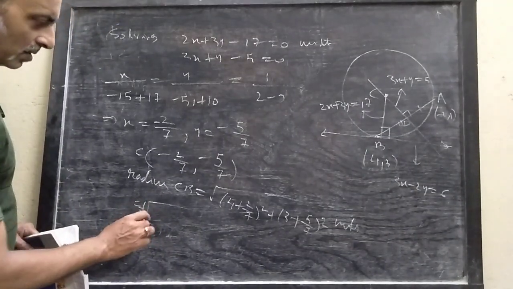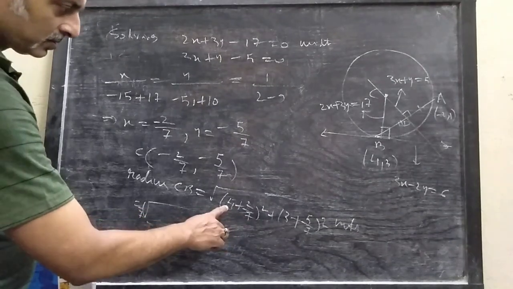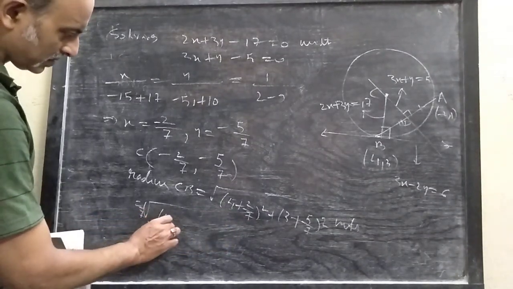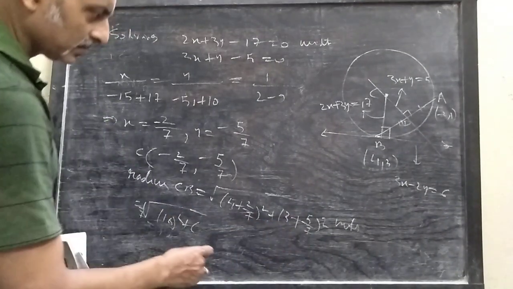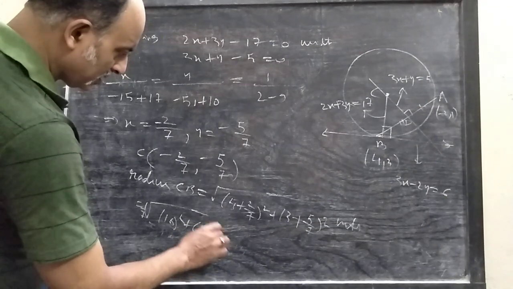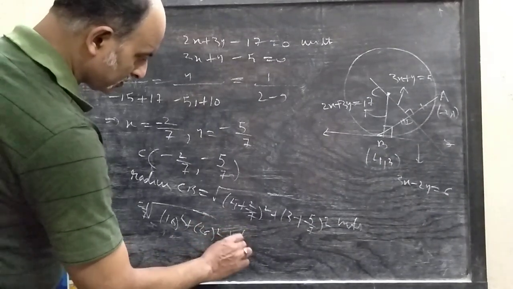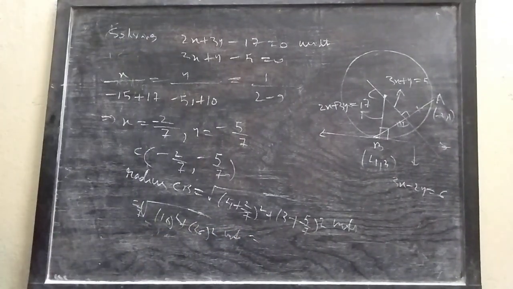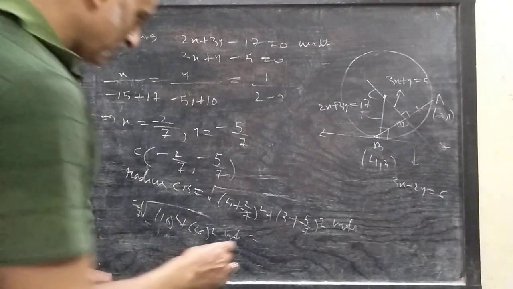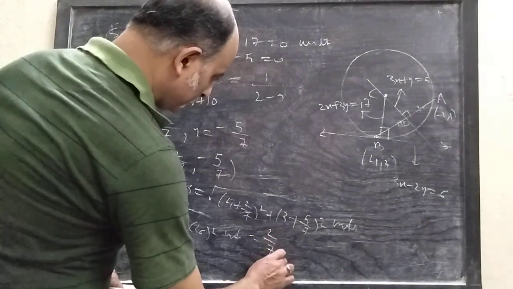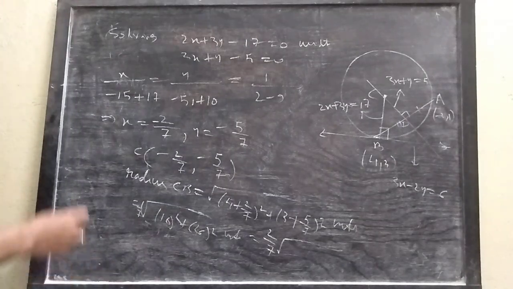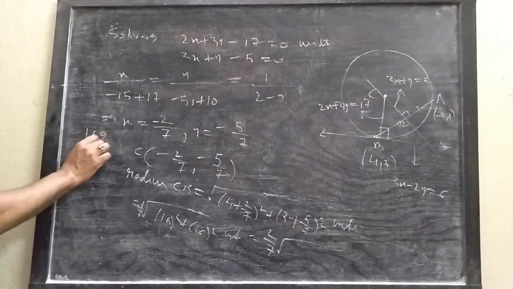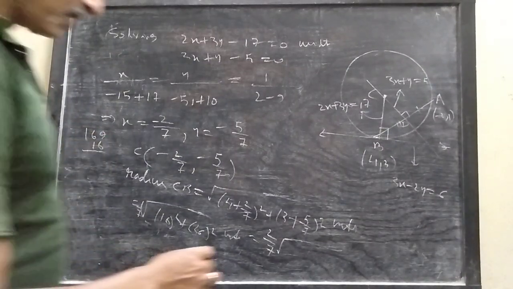Take 1/7 common outside it: 1/7 root over of 16 square plus 26 square units. Take 2 square common outside it, it will be 2/7 root over of 16 and 169, 185.